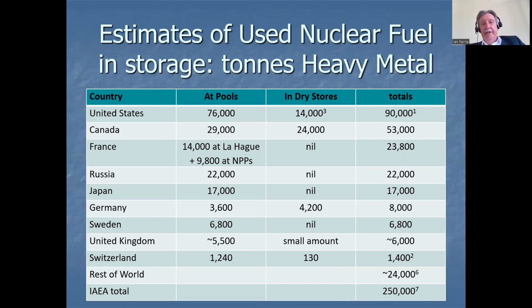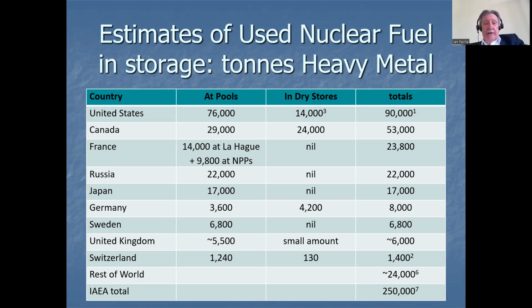I've put this slide in because at previous talks, we've talked about the dangers of used nuclear fuel. I found this slide which shows you the number of tons of heavy metal, which is basically uranium, in wet pools and in dry stores throughout the world.